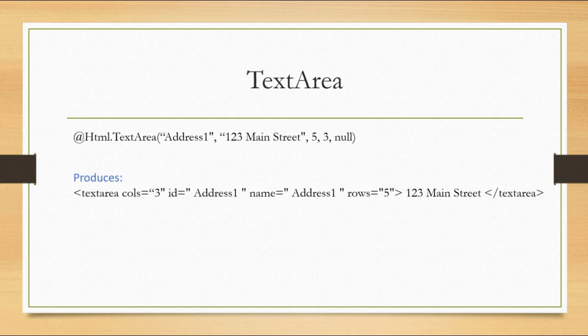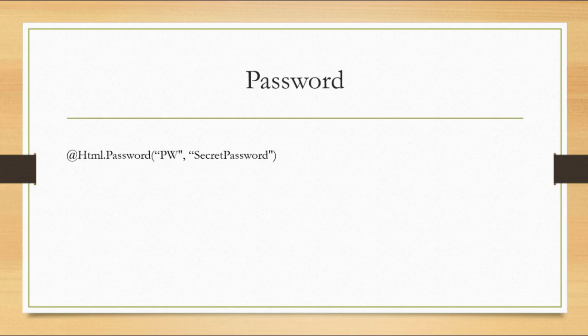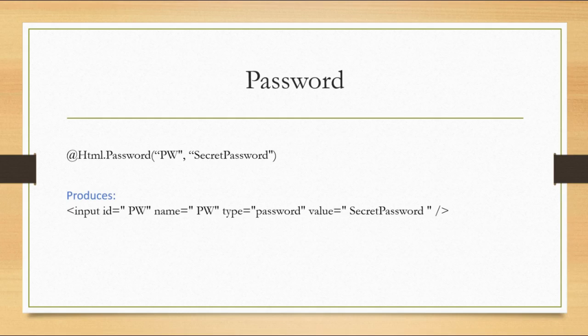And you can see how the code maps from one to the other. Password is a helper, and it produces an ID of PW, a name of PW. The type is password, and then whatever the value is.